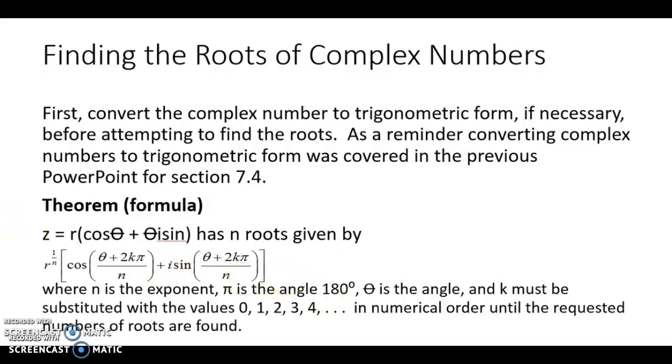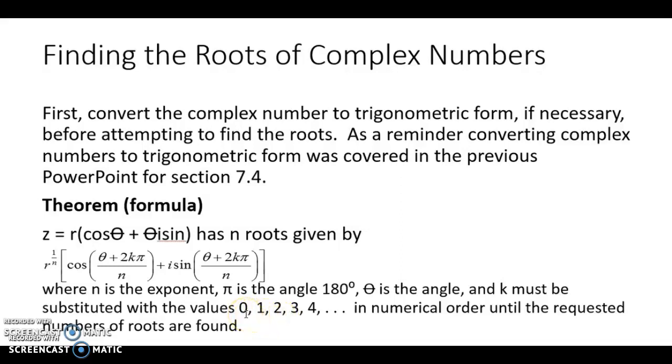Theta is always your angle measurement, and k must be substituted with the values 0, 1, 2, 3, 4, and so forth in numerical order until the requested number of roots are found.